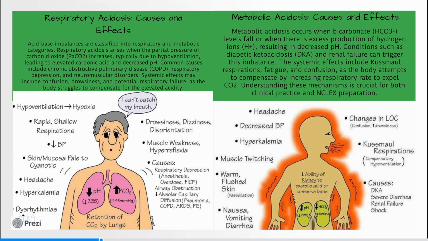As I mentioned before, carbon dioxide equals acid. So if there is less carbon dioxide in the body, it means less acid. Symptoms include fatigue, confusion, hypertension, and arrhythmias. Recognizing these mechanisms is key in clinical care and the NCLEX exam.